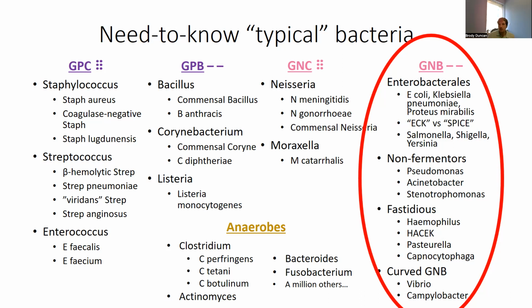In each of those, there's a few really high-yield organisms like E. coli and Salmonella and Shigella for Enterobacterales, Pseudomonas for non-fermenters, Haemophilus for fastidious, Vibrio for our curved group. But as you go through your training and get more clinical experience, hopefully you can re-go through these organisms and really stick in your brain what patients with what sorts of risk factors get infections with these different GNB.